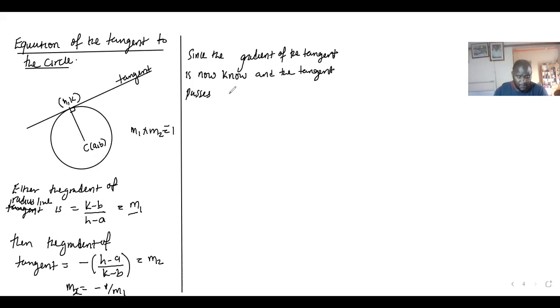So the tangent passes through the point (h, k).